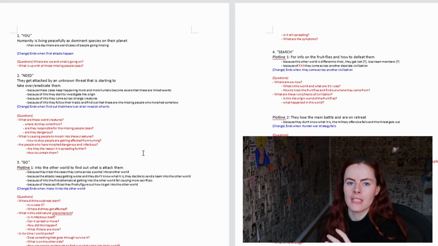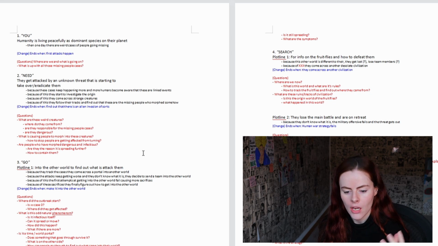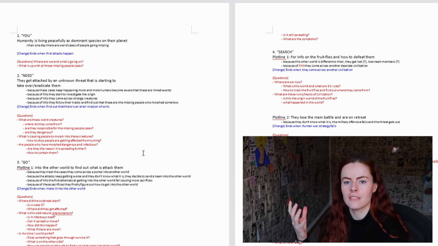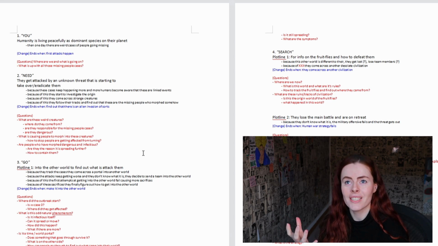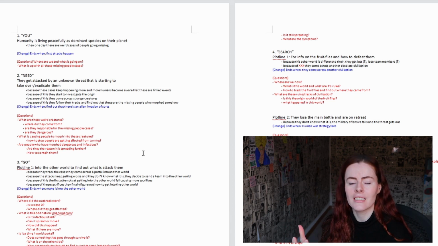And then within that, there are 2 storylines. There are 2 ways the humans are trying to deal with that. One is that they're going into the other world to get more information on what is attacking them so that they can fight it. And the other is they are still in their world, trying to fight back, trying to save people who have been affected, and then trying not to get affected themselves.